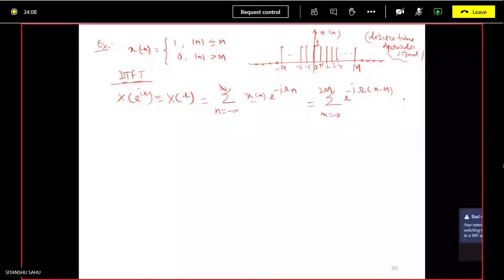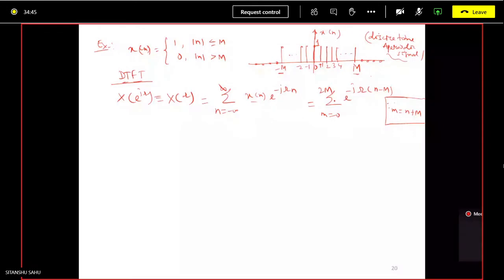That's equivalent. For simplicity of calculation, since this is symmetric, I can go on with this formulation. Whenever n equals minus m, the new index will be 0, and when n equals 0, it will be m, and likewise when n equals plus m, it will be 2m. So I am covering from minus m to m, the entire range in the summation.